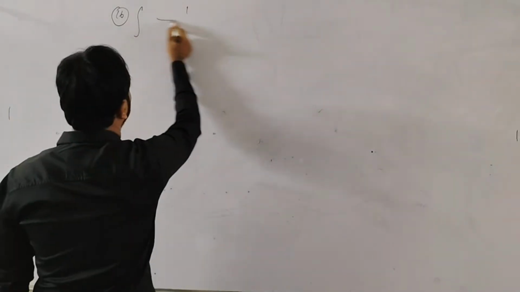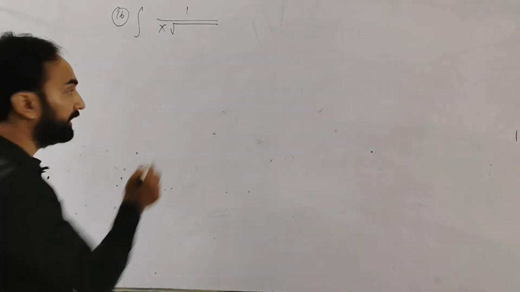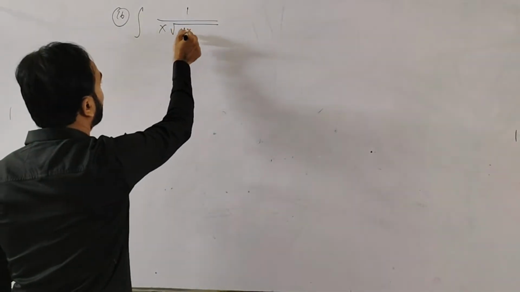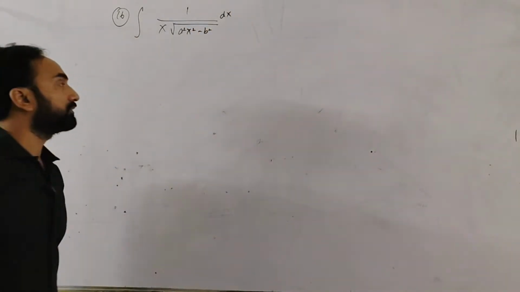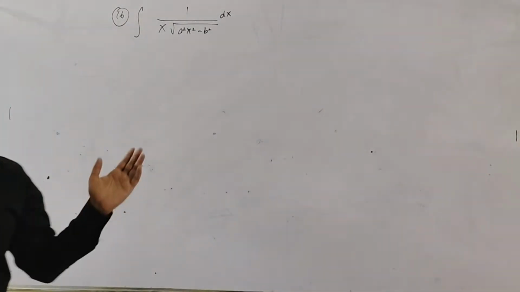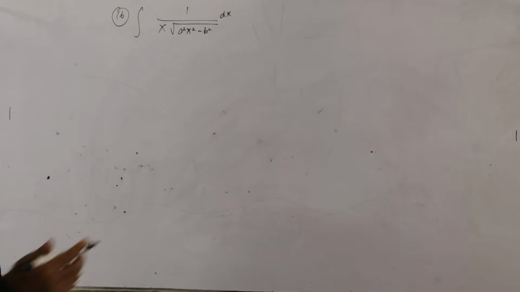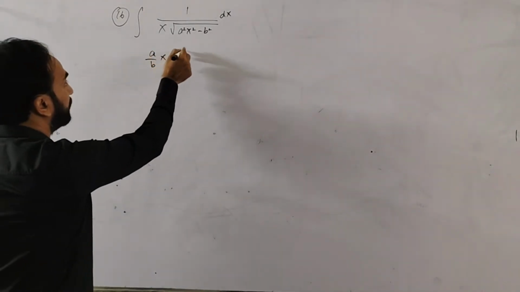Problem number 16 we have is the integral of 1 by x square root of a square x square minus b square, dx. Correct? So see, it is a square x square minus b square. First we will start by assuming. We will assume a by b x is equal to t.